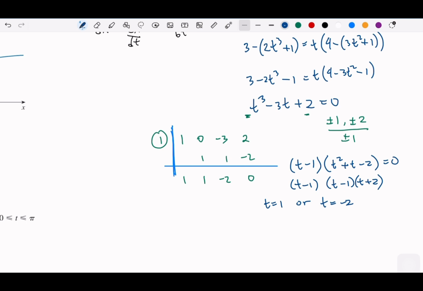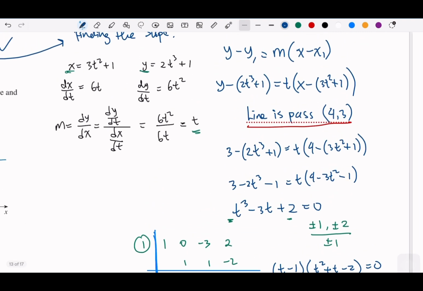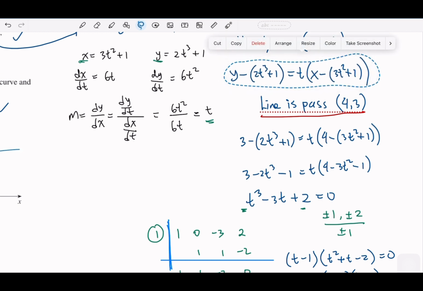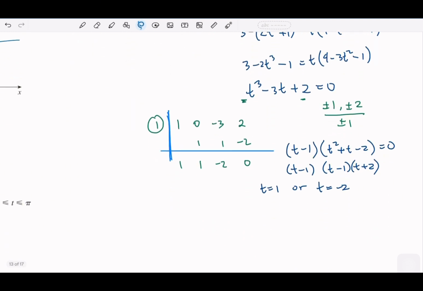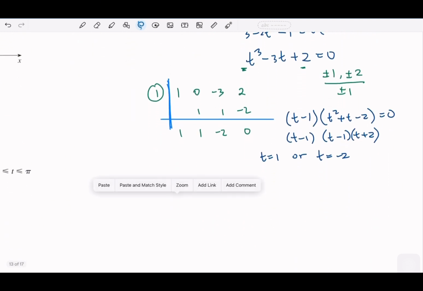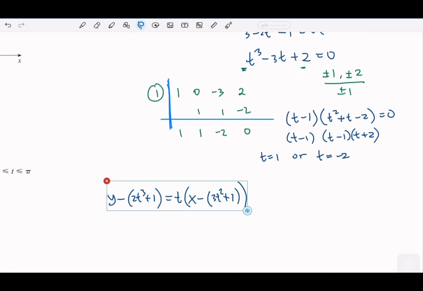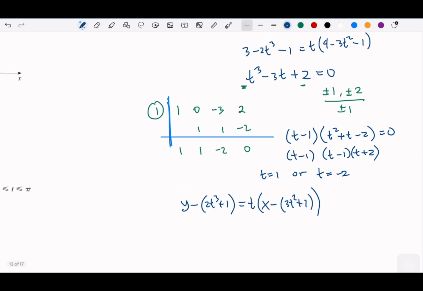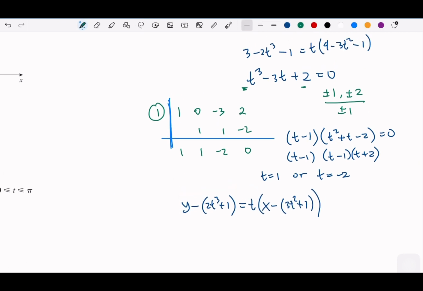So bring back what we have at the beginning here. Let me copy this part again, and we can substitute t equals 1 or t equals -2. Let me change the color and write with green.